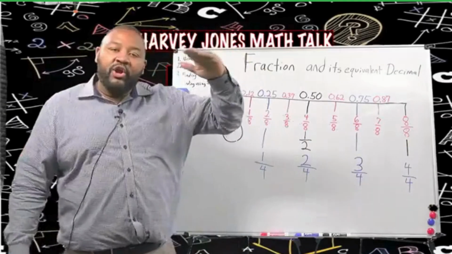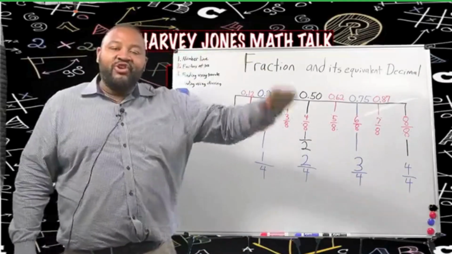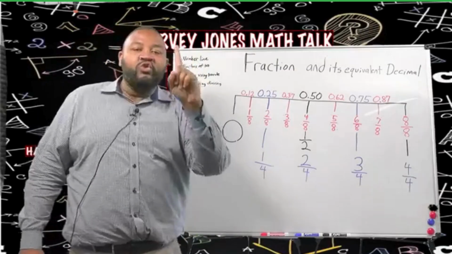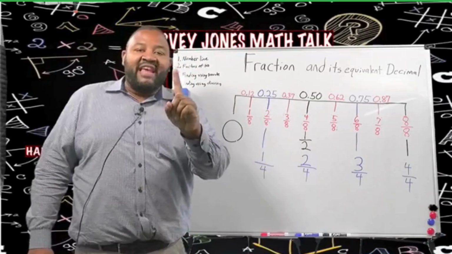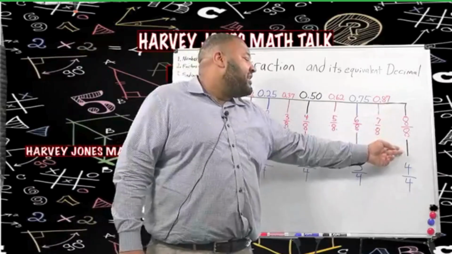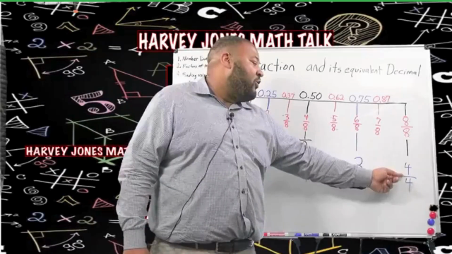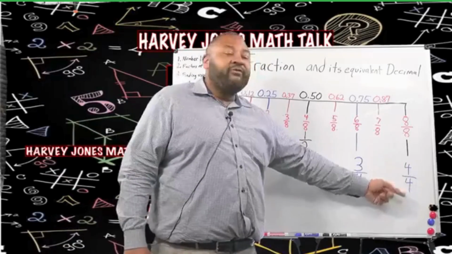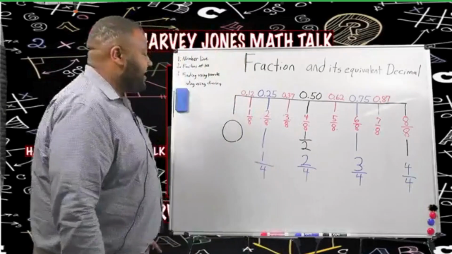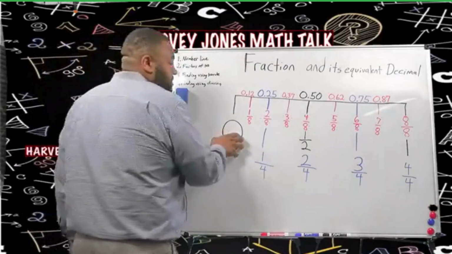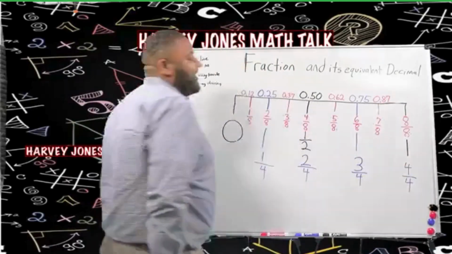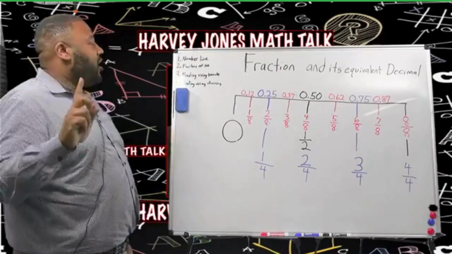When your numerator, the number at the top, and your denominator, the number at the bottom, are the same, that equals 1 whole. Down here I broke it down to 4/4, which is also equal to 1 whole. So right now, I'm just focused on the 0 and the 1. 8/8, 4/4, all of that equals 1 whole.